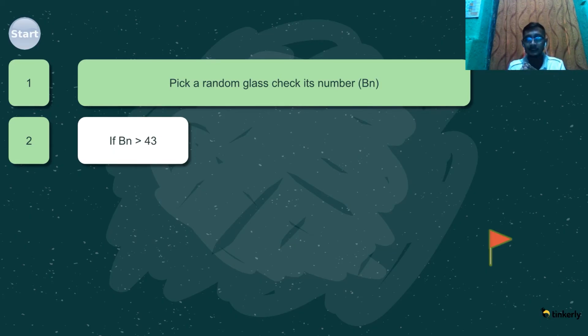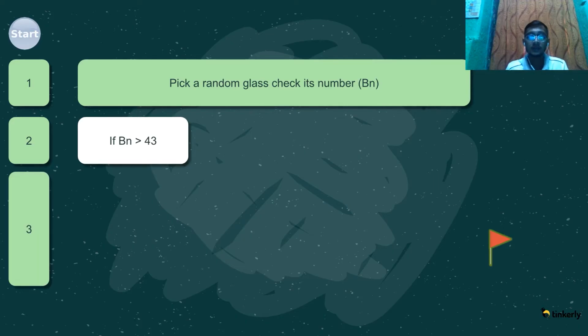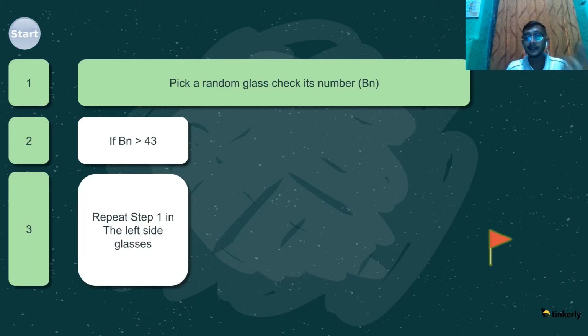If the number is less than 43, repeat step 1 in the left side glasses. Okay, means now pick a glass randomly on the left side of the earlier one.